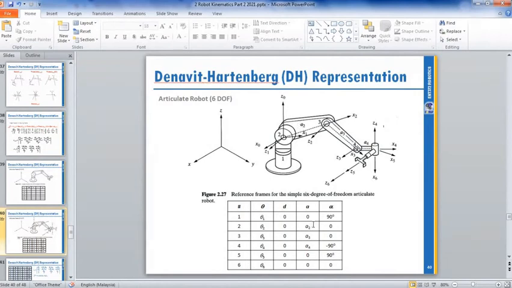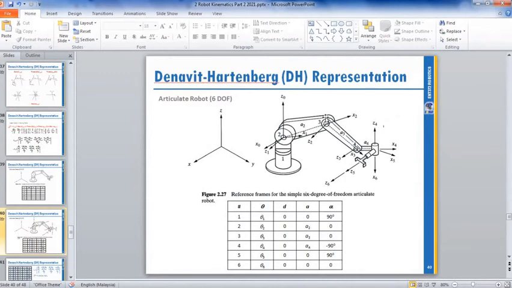So you have joint A2. And then from joint 3 to joint 4, you have length A3.